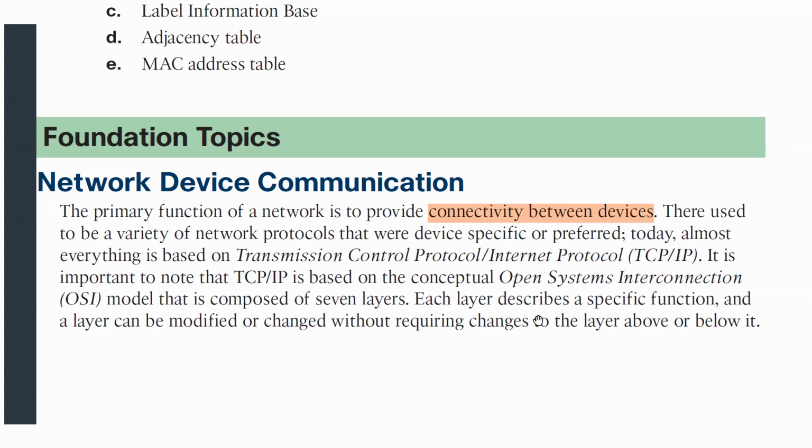Each layer describes a specific function, and a layer can be modified or changed without requiring changes to the layer above or below it. That means if there is any change at a specific layer, it will not affect how the other layers are functioning. They are independent of each other and have their own functions. This is clear? Okay. Now 7 layers are there. What is layer 5?